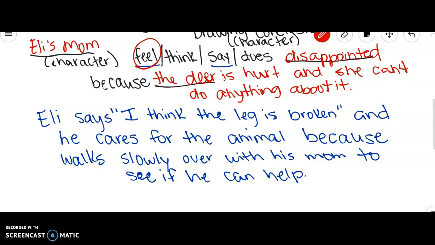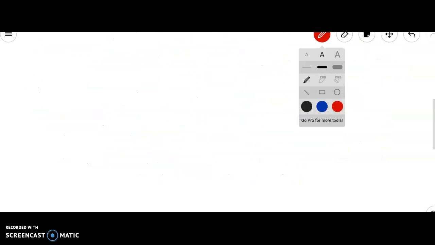Now, let's go into the theme or the lesson. So the theme and the lesson tie into what you've learned from the passage. So when we have a theme, we want to think about something that taught us how to do something, taught us a lesson in life, or taught us the importance of doing something.